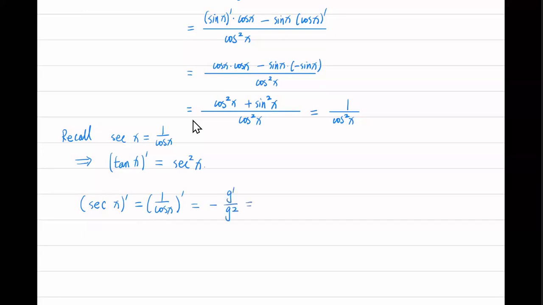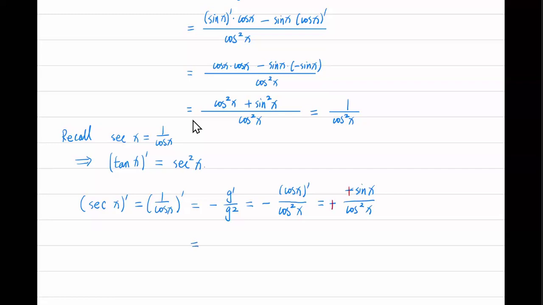In our case, g is cosine. Okay, so we have negative, they cancel each other. And the cosine, we want to avoid the fractions. We have some function we can use.